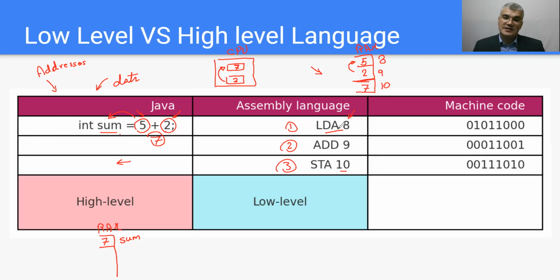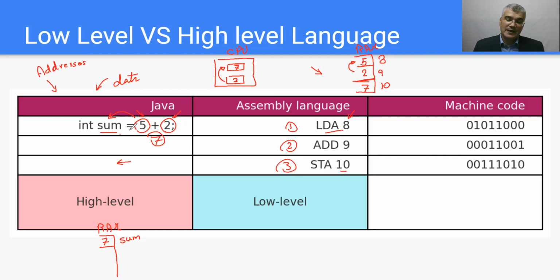So what happens here is that assembly language is also not understood by the microprocessor. It needs to be translated to machine code at the end, because the computer and the microprocessor inside only understand binary. So everything that we write, either Java or assembly language, needs to be converted to machine code.